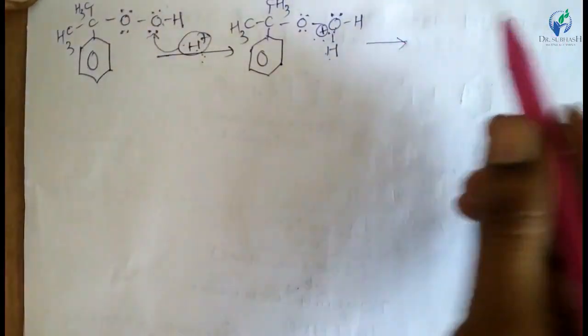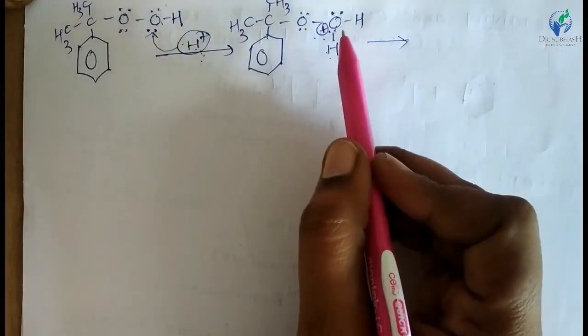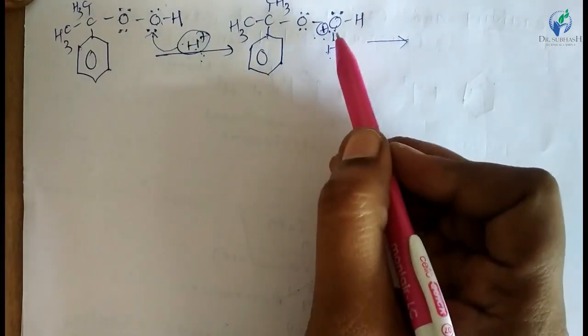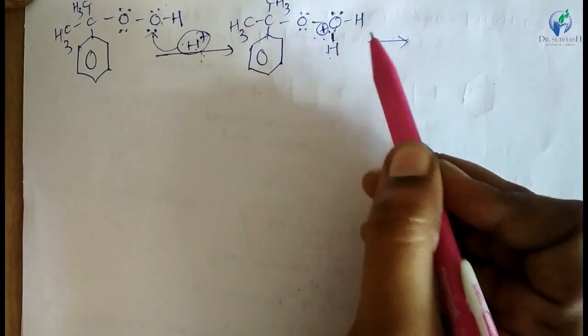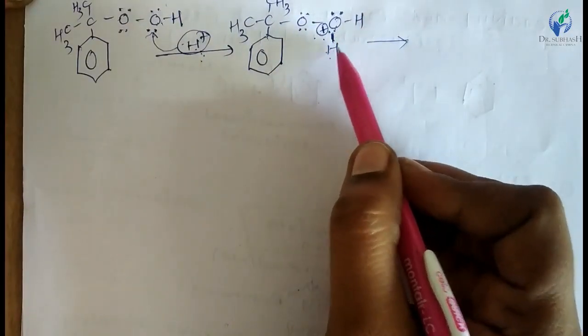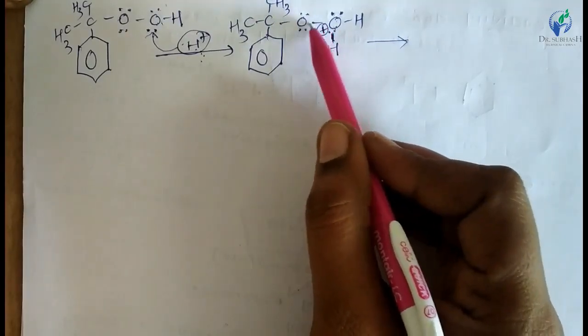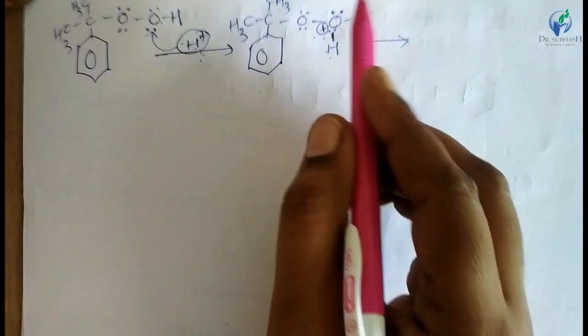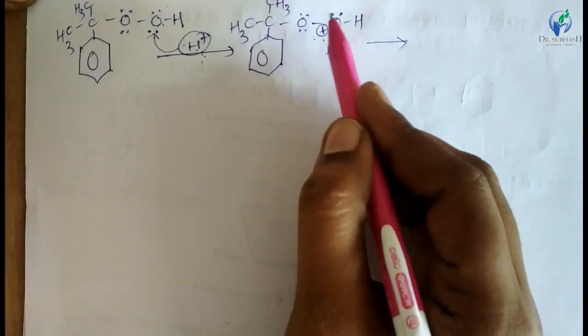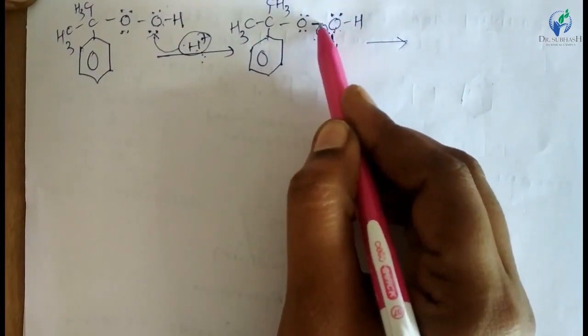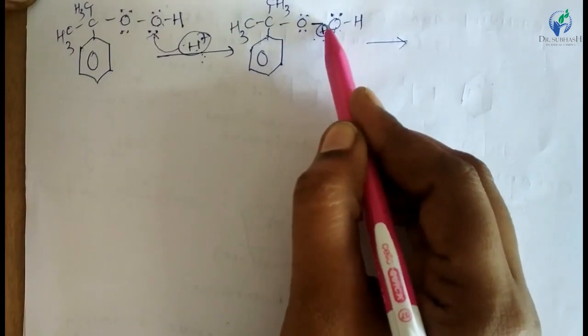Here this lone pair of electrons can be obtained from the breakdown of this oxygen bond, right? So this oxygen pulls out the electrons of this oxygen bond.